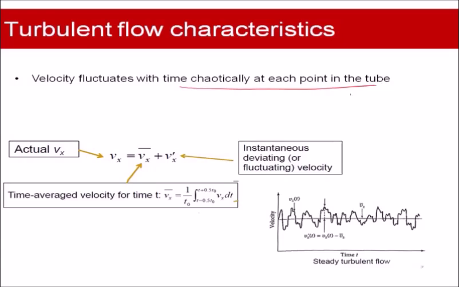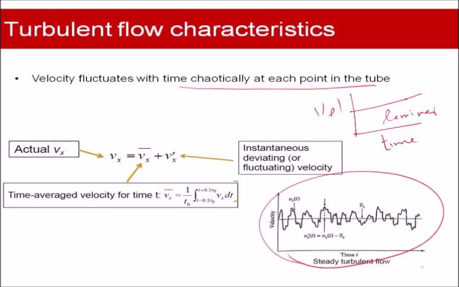This is the laminar profile. Velocity is constant with time at a given point. But in turbulent flow, velocity fluctuates like this.